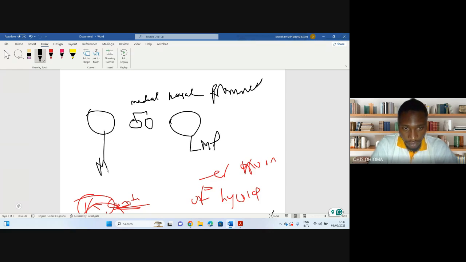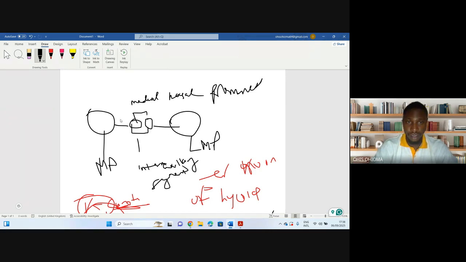What happens is that these two fuse together to form what we call the intermaxillary segment. And this intermaxillary segment is supposed to fuse with this guy here and this guy here.